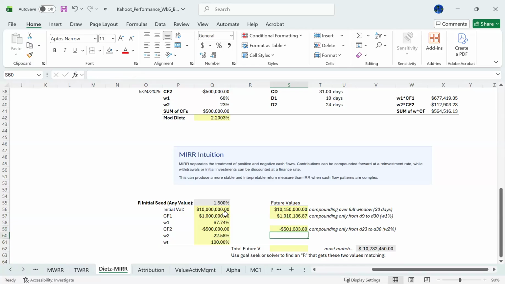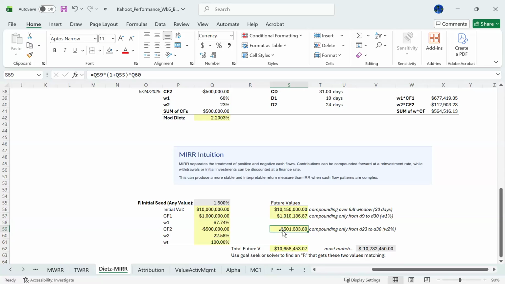Okay. And then finally, what is the total future value of these three cash flows? I have 10,658,453.07. Now what I would like to do is make this future value match in total the initial value in the fund, the 1 million that was deposited, and the 500,000 that was withdrawn.